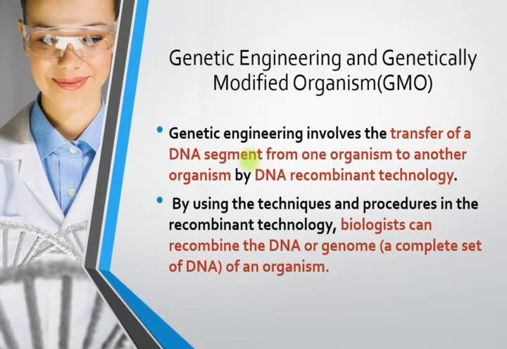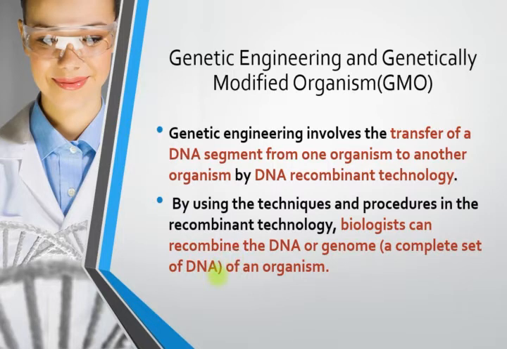And at the end of the technique, the biologists can recombine the DNA or the genome of an organism. So at the end of the technique, it will produce a new combination of genes of an organism.